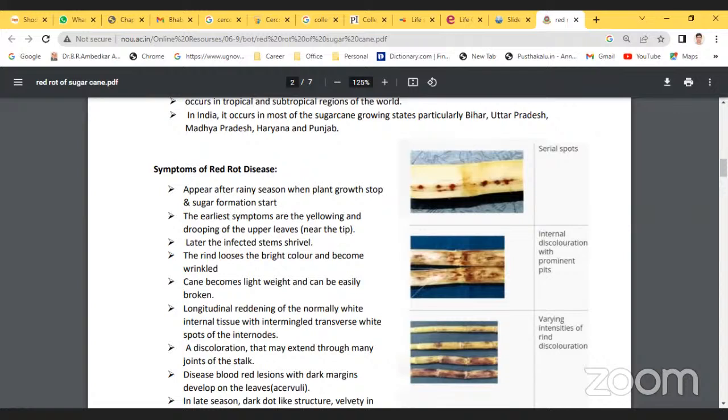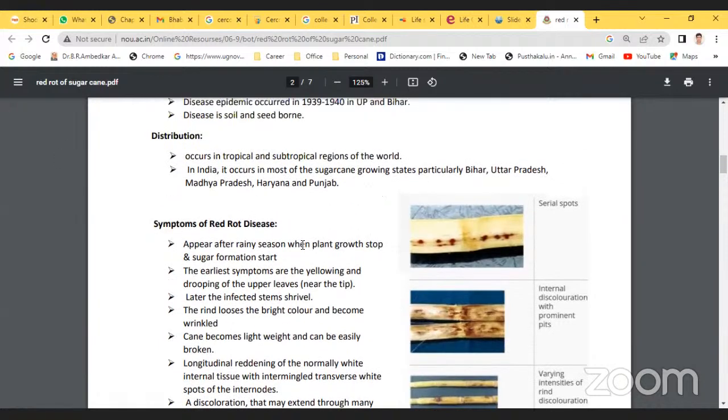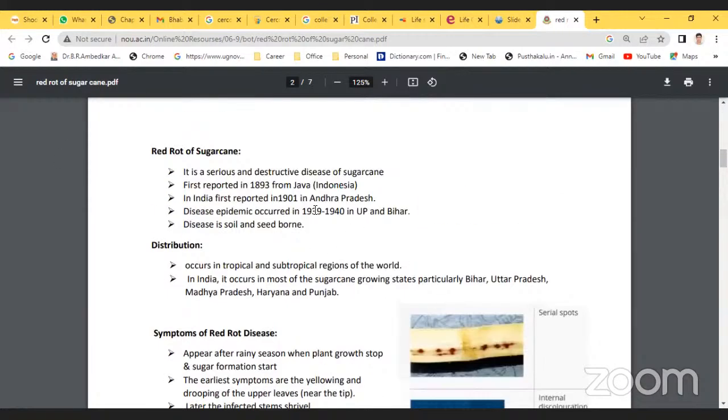The upper leaves turn pale, drop down slightly, and whiten. So it is a serious and destructive disease.